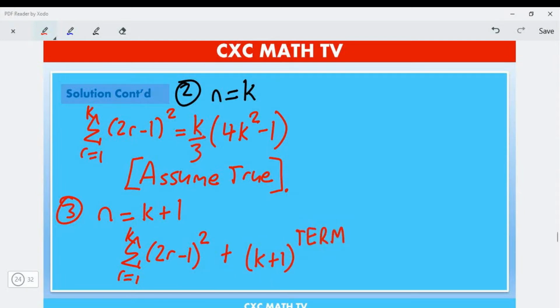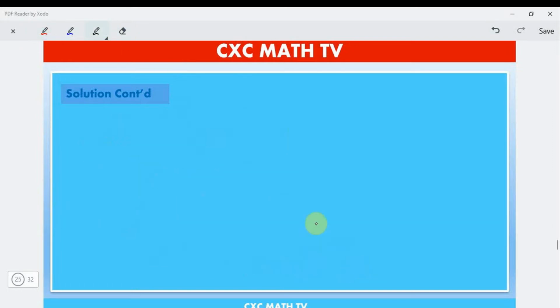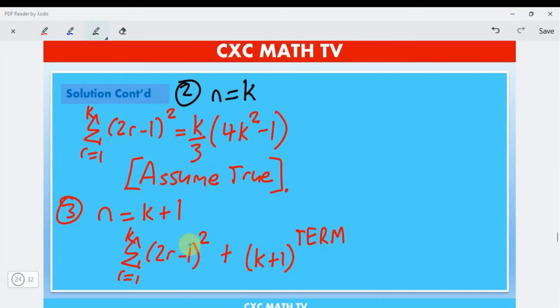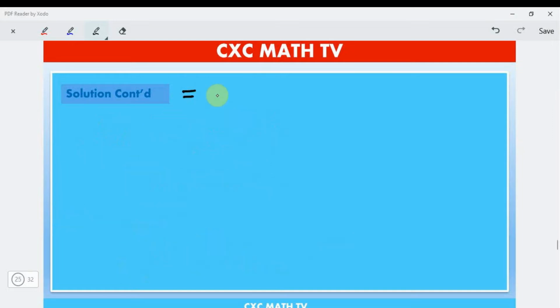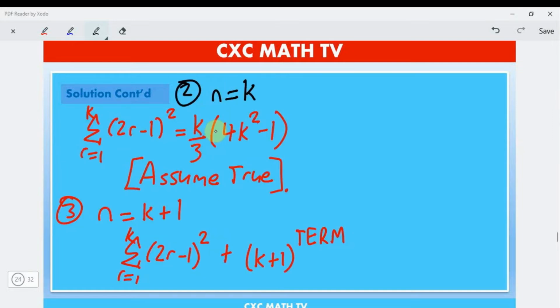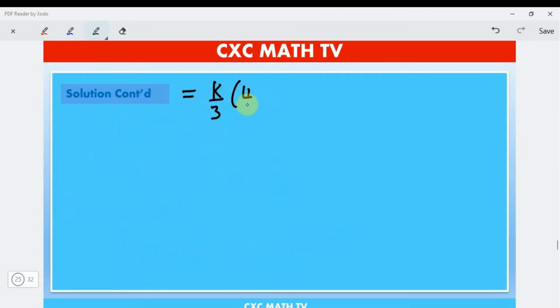It is the sum from r equal 1 to k and then plus the (k plus 1)th term. I beg you please to remember. So in this case, it's going to become equal to the sum from 1 to k of (2r minus 1) all squared, that is k over 3 in bracket 4k squared minus 1. That's the k.